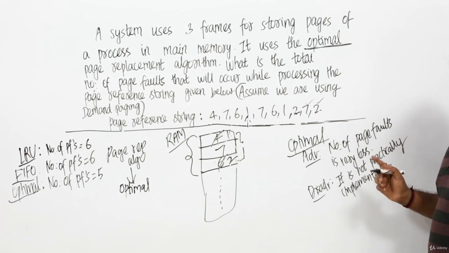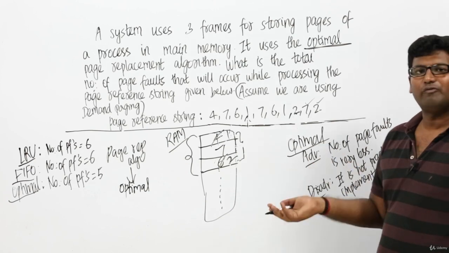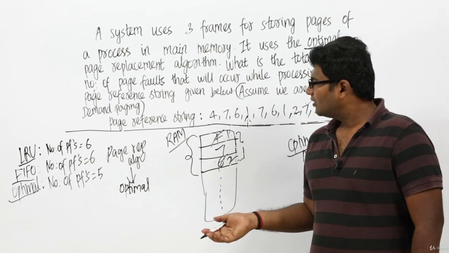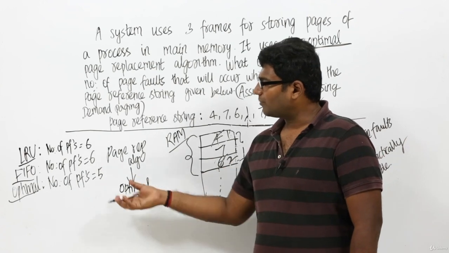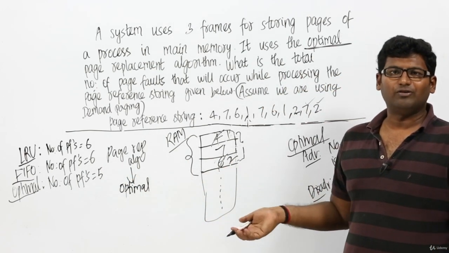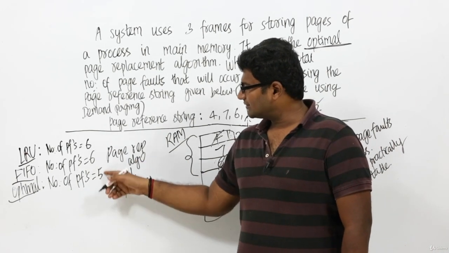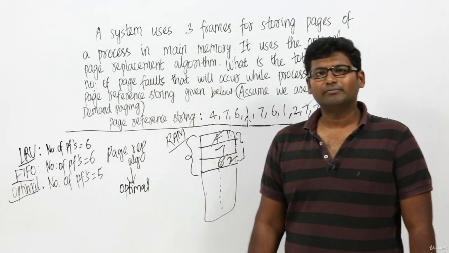Why is it not practically implementable? Because nobody can tell the future exactly, right? So the number of page faults coming to optimal is 5. So obviously optimal will be the best algorithm considering the page faults, and that's the reason we got a lesser number of page faults. Okay, fine.